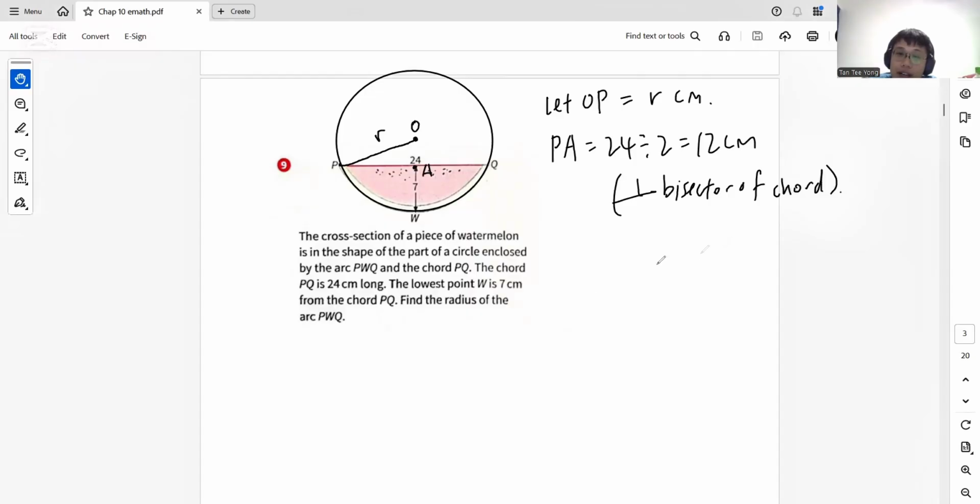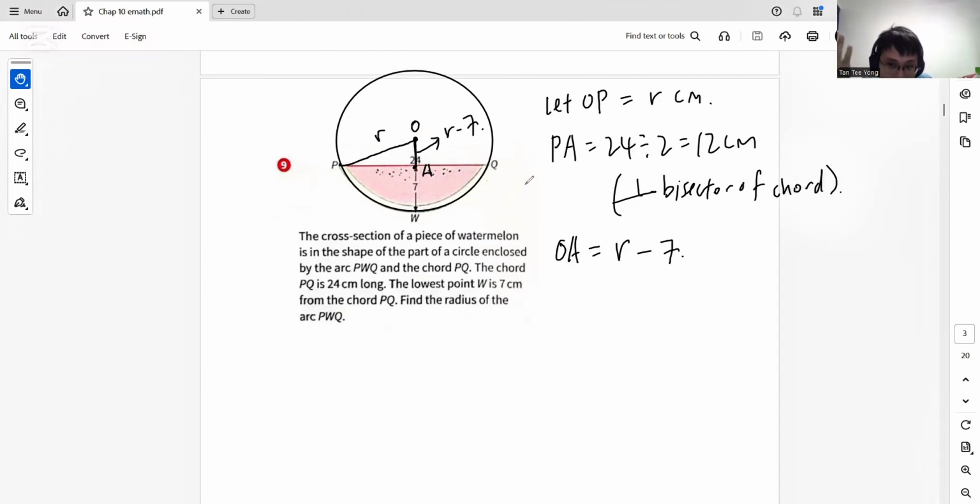Okay, and then OA is actually what? OA over here is actually R minus 7. Because OW is R, right? OW is R. And then AW is 7. Okay, so R minus 7 will be OA lah. Okay, so this part here will be R minus 7.